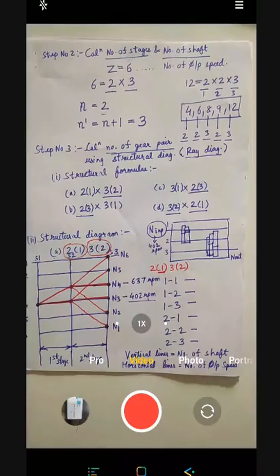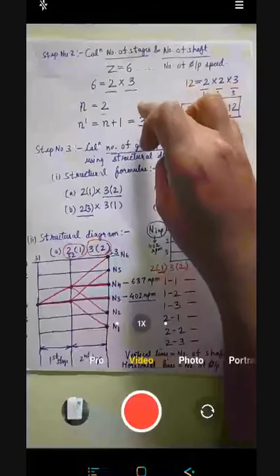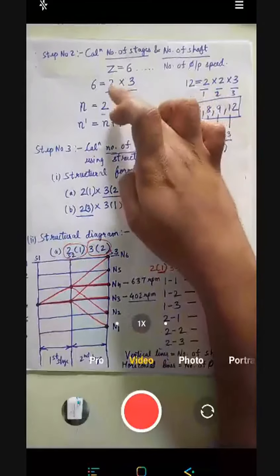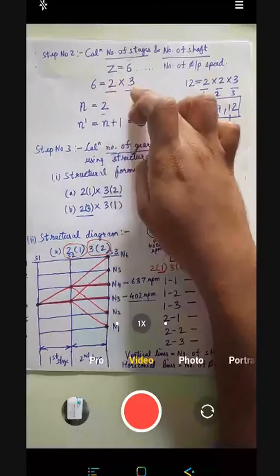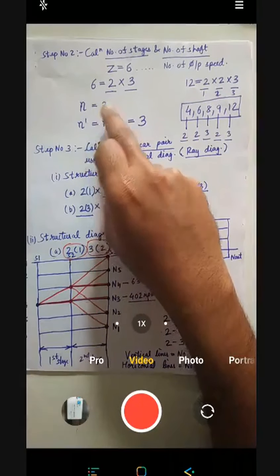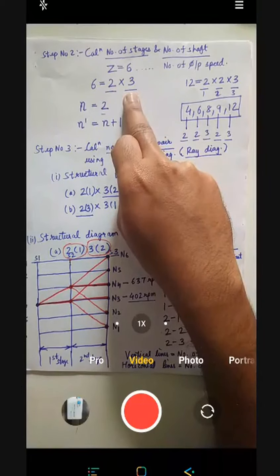For that, we have to write a structural formula. We write the given number of output speeds as a multiple of 2 or 3, and the elements present in this multiplication will be your number of stages. There are 2 elements, so your number of stages is 2.